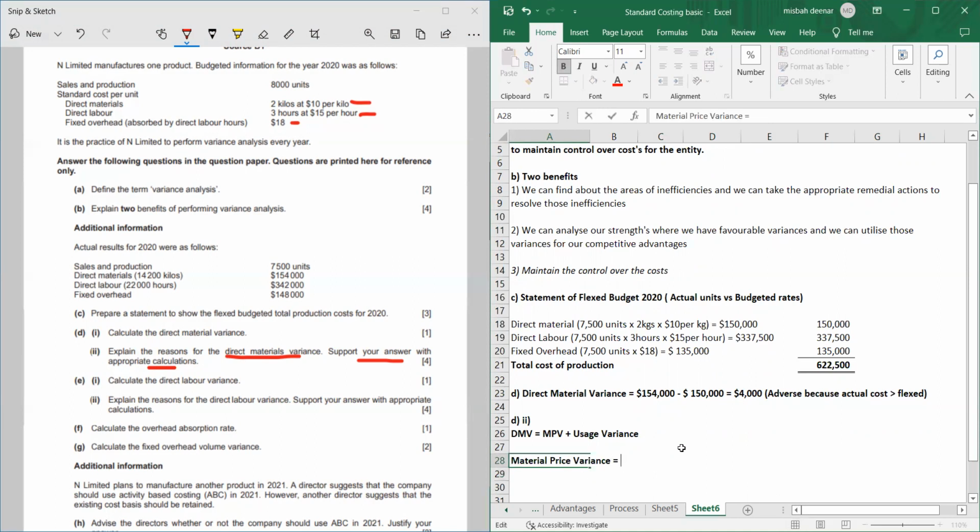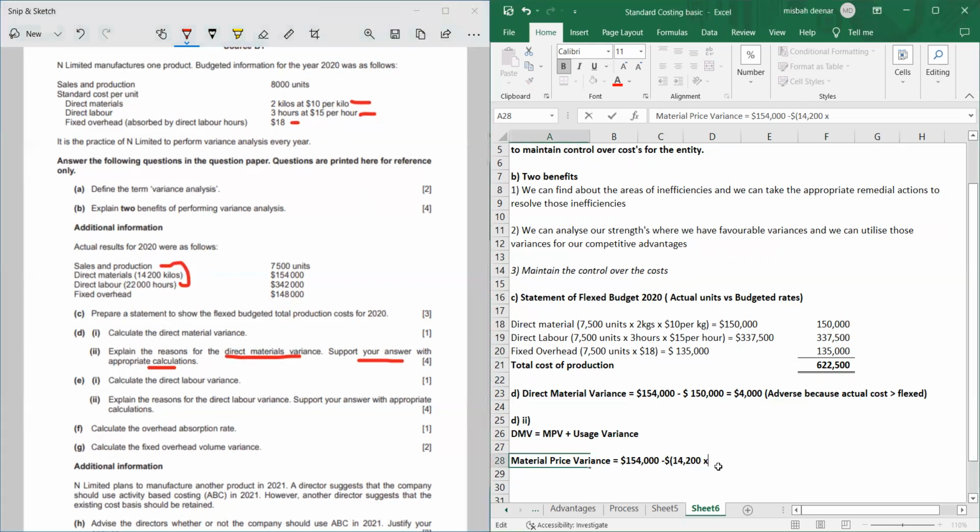See, the total price was $154,000. And if we see, we are using 14,200 kilos. We can see here 14,200 kilos. And what is our rate? $10.